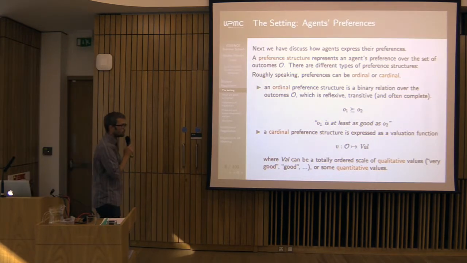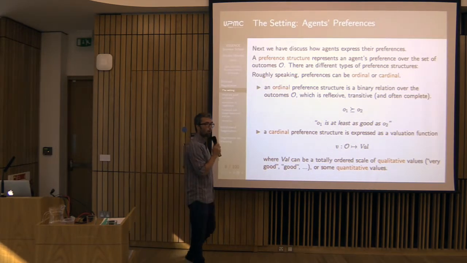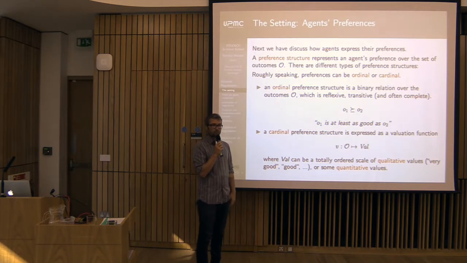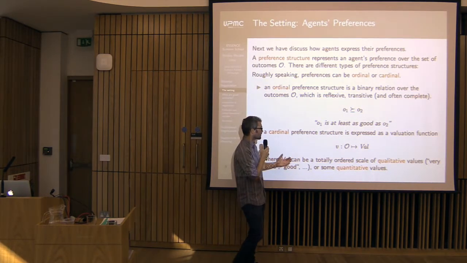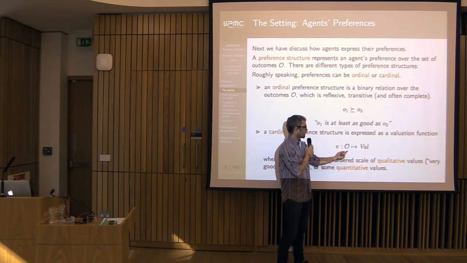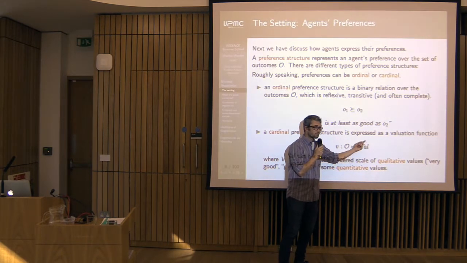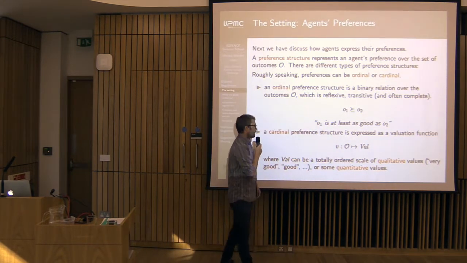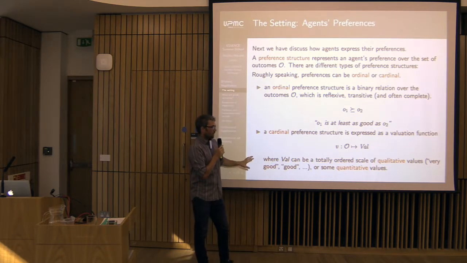But of course, you can also have a cardinal way of representing preferences. So you could express the preference structure as a valuation function, getting from the set of outcomes to some domain of values. And this domain can be of two types.